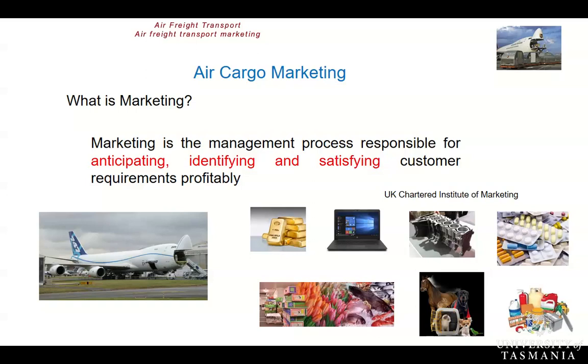What the customer needs to understand, probably more than anything else, is who are the customers of those products, because ultimately the customers of those products are going to be purchasing the services of an air cargo carrier. So marketing is actually matching the customer requirements, needs and wants. And it does this by a range of different options at its disposal, which is commonly referred to as the marketing mix.